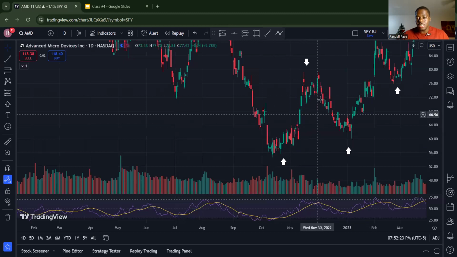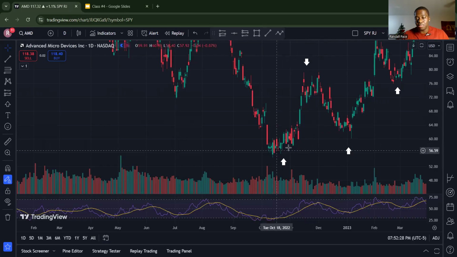Because anything that is holding above this low down here has a chance to get bought up and become a higher low. So anything above this area is still considered bullish. Just because it took a lot of candles to get here, it's still considered bullish.